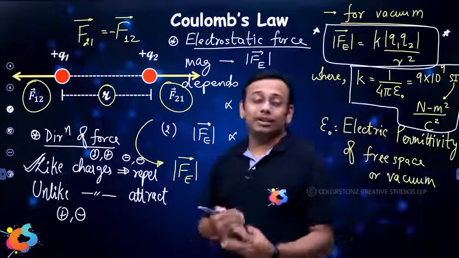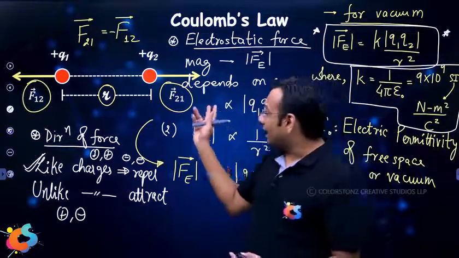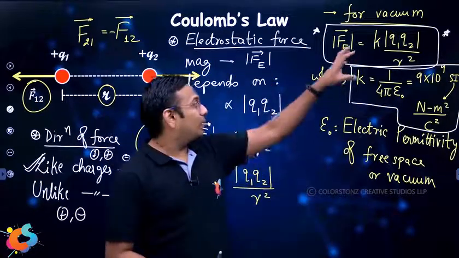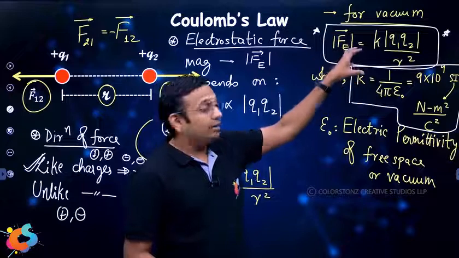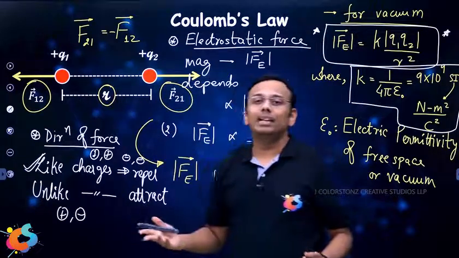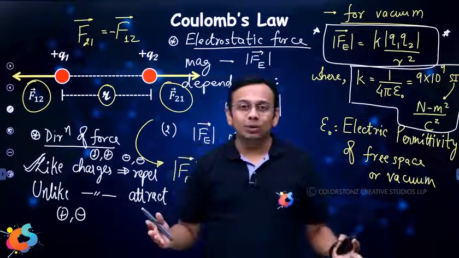So, of course, electrostatic force is also going to follow Newton's laws. And as per Newton's third law, these are equal and opposite forces. So their magnitude will be given by the same formula, but directions are going to be opposite. All right. So this is how we describe Coulomb's law.